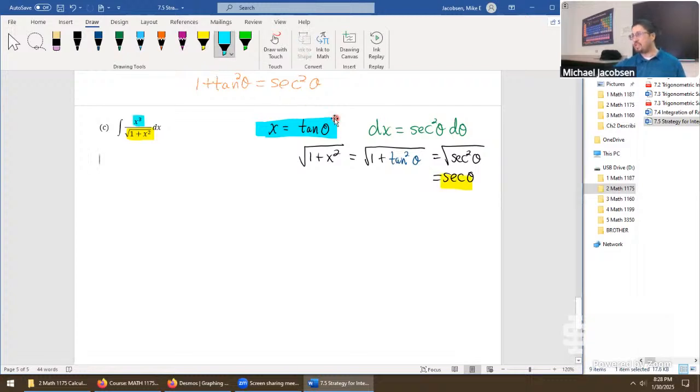X cubed, all we do is add power 3 to that. Dx is fully replaced by secant squared theta d theta. So this is us finalizing the problem, well, getting there at least.